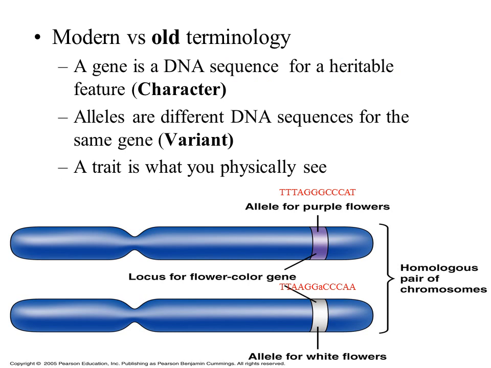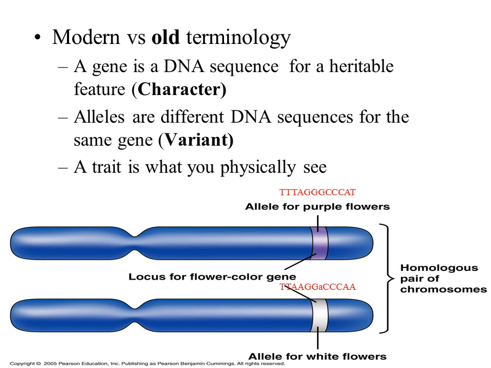Modern terminology versus old terminology. A gene is a DNA sequence for a heritable feature. Heritable feature was a Mendel term, the character. Now that we have sequencers, we know that there's a sequence of nucleotides that code for the character. The next one is alleles.